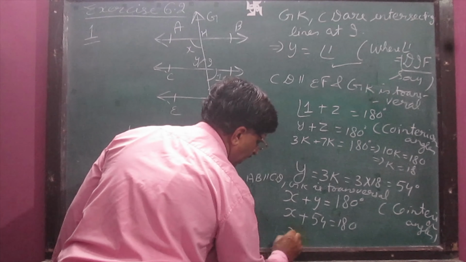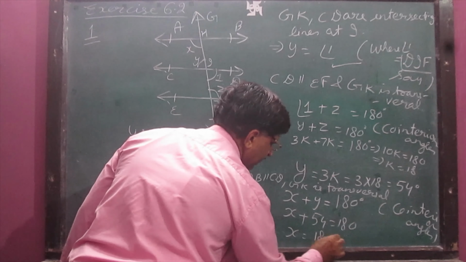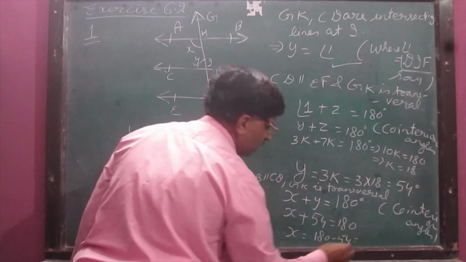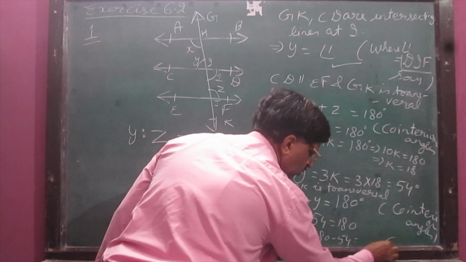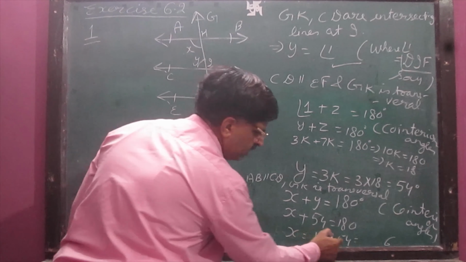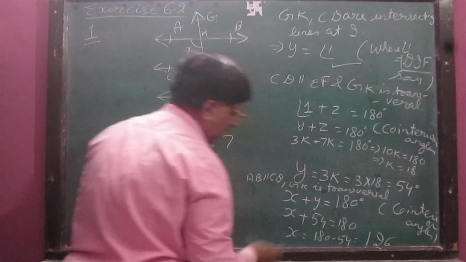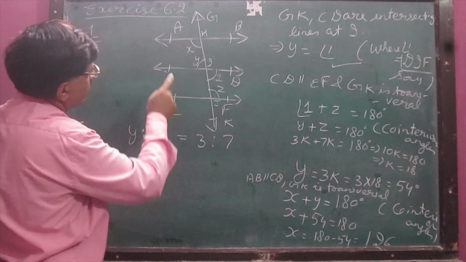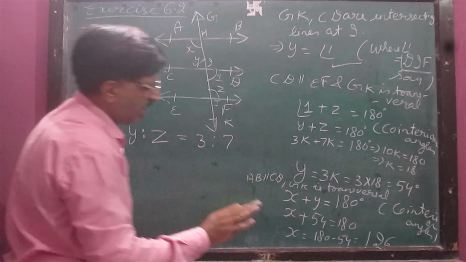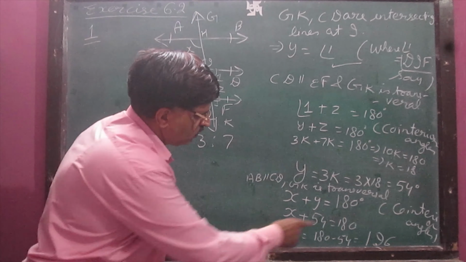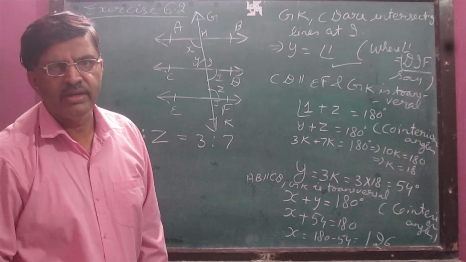So the value of X will be 180 minus 54, which is 126. That is the value of X. Since X is directly asked, there is no need to write anything else. So we have reached the required answer.